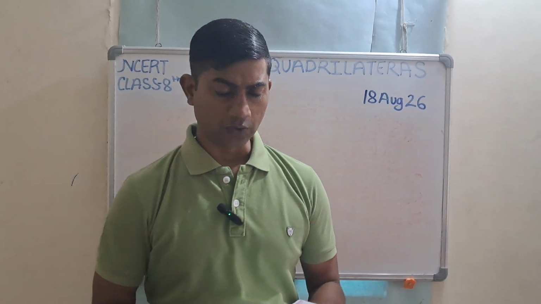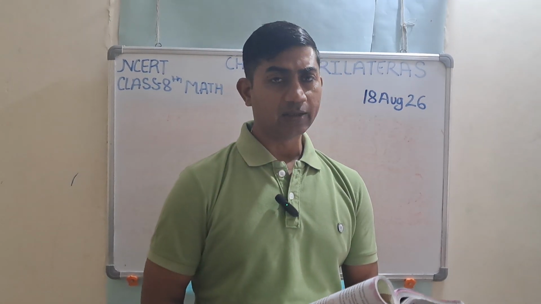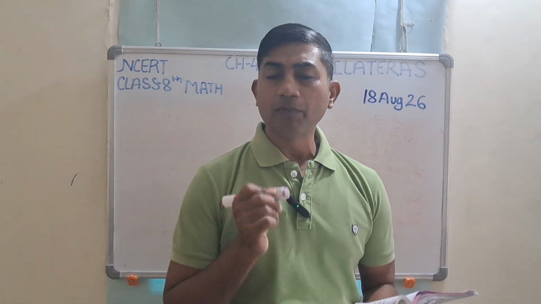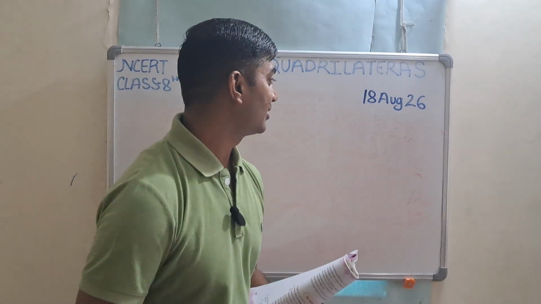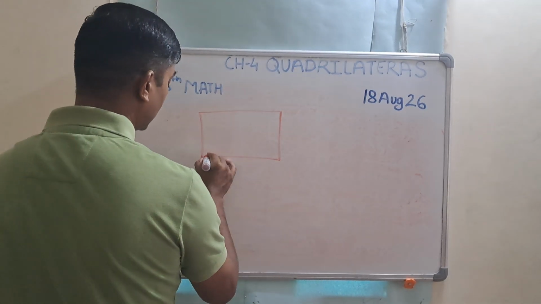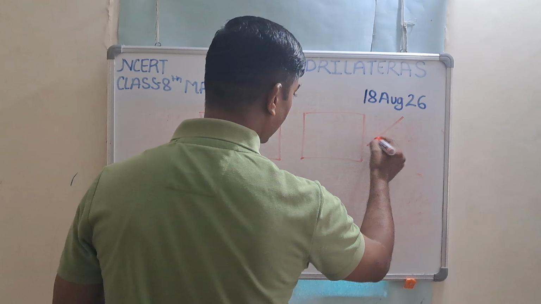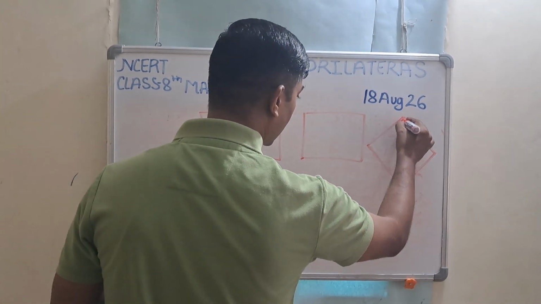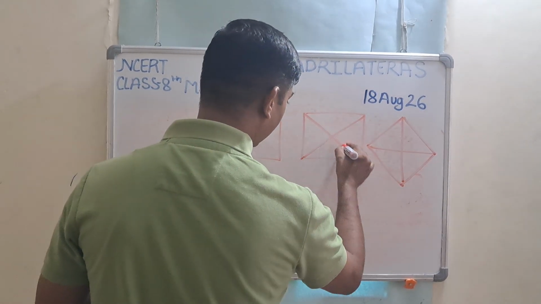So one is false. Why? It is not definitely a square. It may be a square. The answer is may be a square. And we have seen that in case of rectangle, in case of square, and in case of rhombus, diagonals intersect each other and bisect each other.